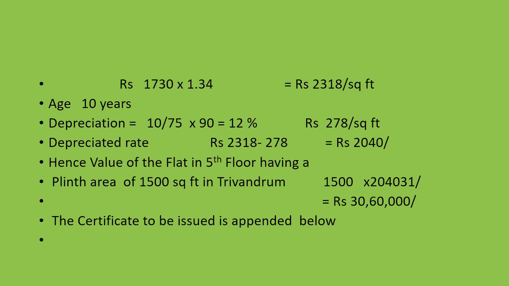So depreciation is worked out, which comes to 18%, that's equal to rupees 278 per square feet. So the depreciated rate is equal to rupees 2,040. Hence the value of the flat, having plinth area 1,500 square feet in Trivandrum, is equal to 1,500 into 2,040, which is rupees 30 lakhs 60,000.